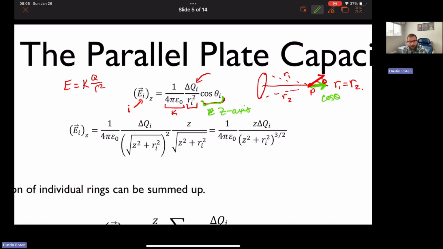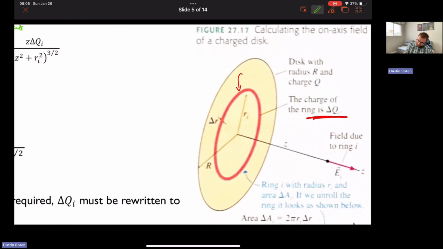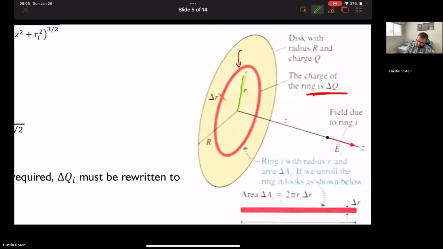Well, that's all well and good, but we still have some work to do because we have this r, we have this cosine theta. We want to rewrite those in terms of something we can integrate across the disk. Now, just looking at how this is set up, it looks like we want to integrate. Again, that's not real mathematical notation, just shorthand, but it looks like we want to integrate across the radius from the midpoint to the end of this ring.